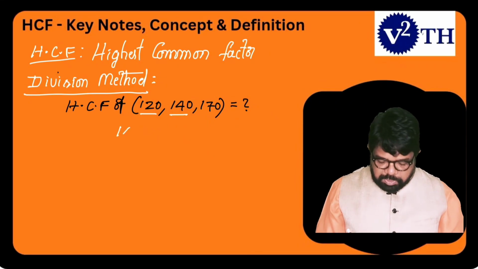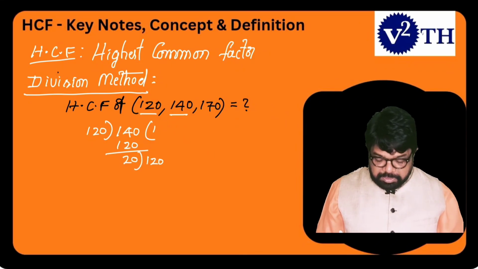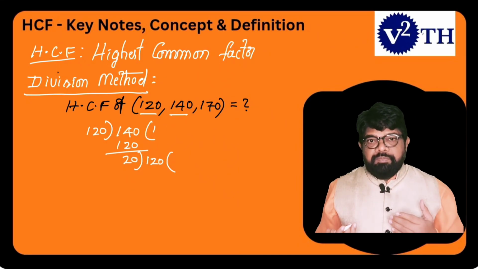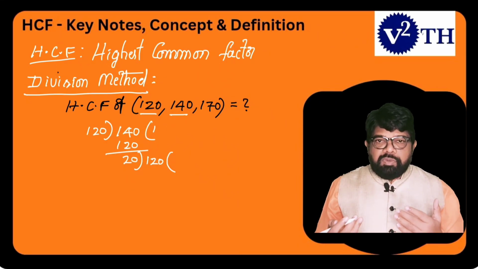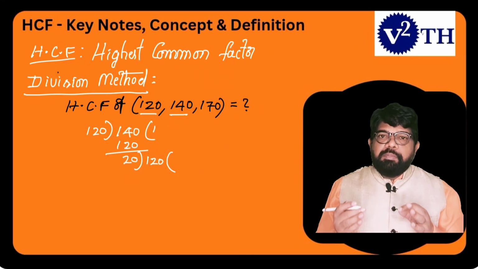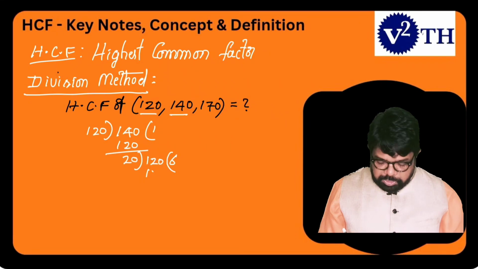So the larger number 140 divided by the smaller number 120. 120 once is 120. Now the remainder is 20. Again 20 is taken as the divisor, so 120 we take here. It is called the long division method. You have to continue this long division method up to remainder equal to 0. Now 20 sixes are 120, so the remainder is 0.